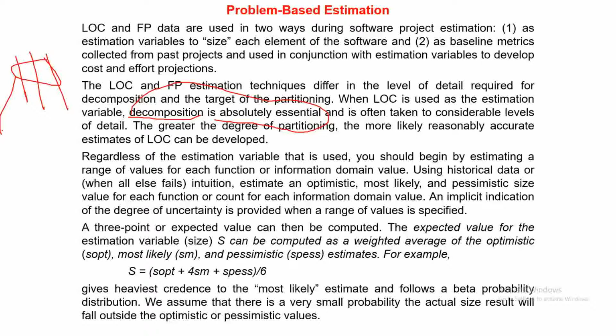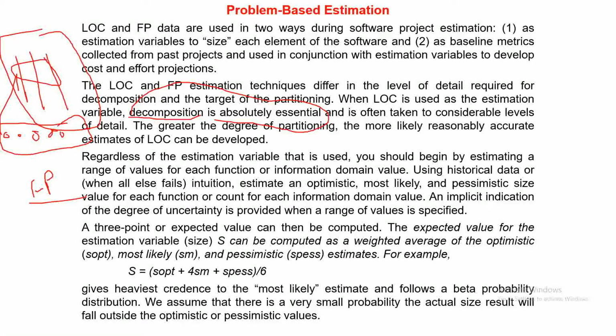Whereas in FP based estimation, we have seen how the function point is calculated. We calculate function point by considering the number of inputs to the system, the number of outputs from the system, the number of internal logical files available with the system, the inquiries available, and the reports you will be getting out of it.